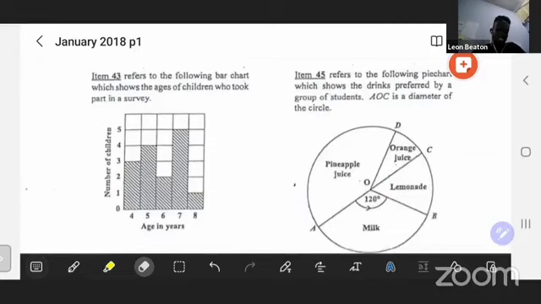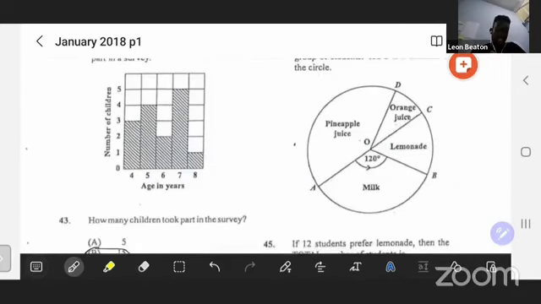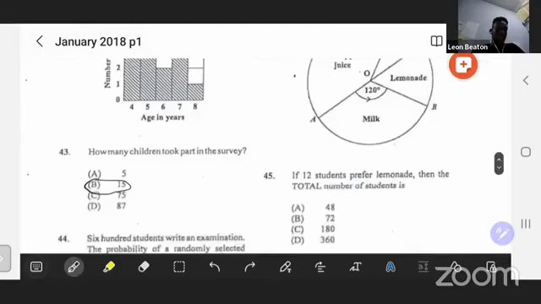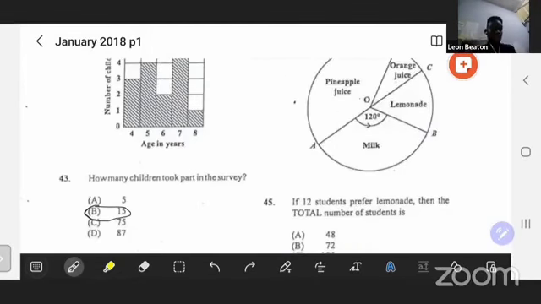That is telling us that this line here separates half of the circle from the other.